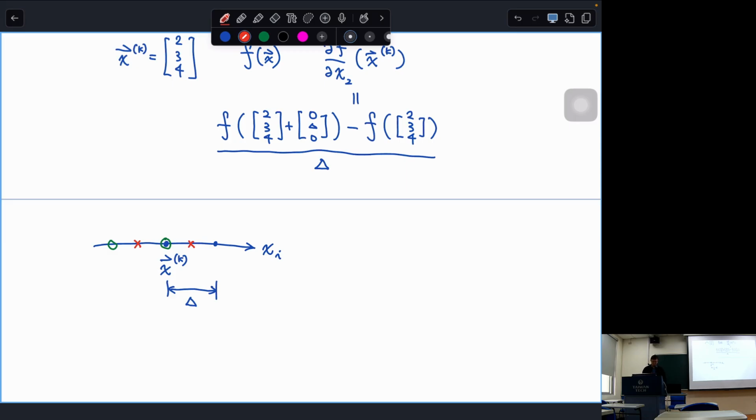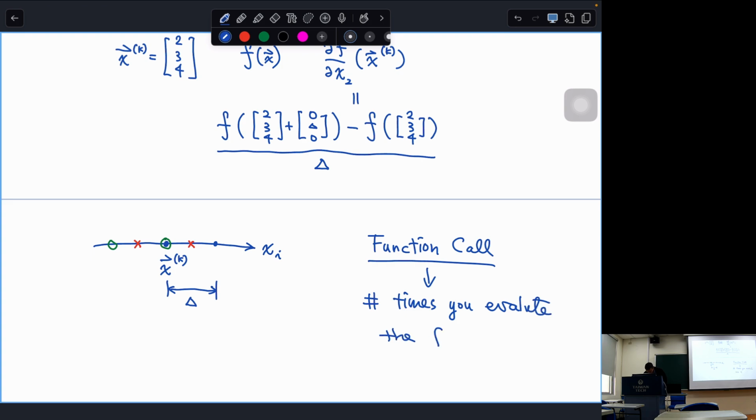I like to use the forward scheme, and I can tell you why. When we are working on optimization, we care about one thing, the so-called function call. What does that mean? It's the number of times you evaluate the function.